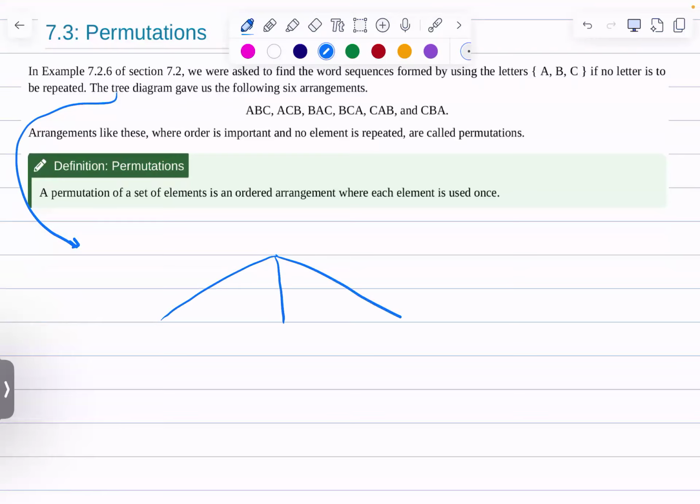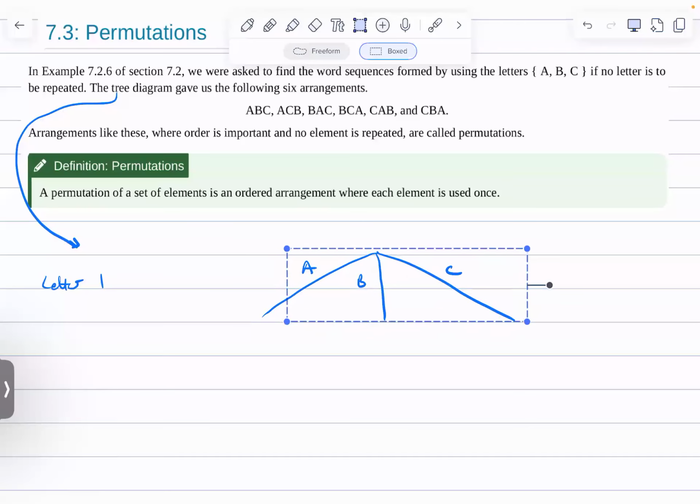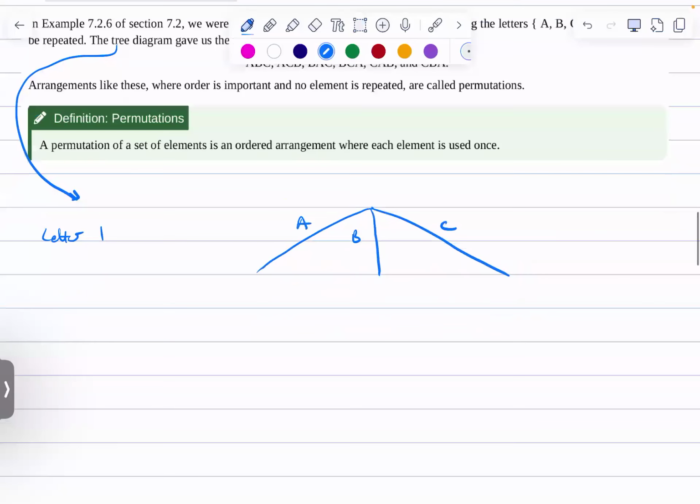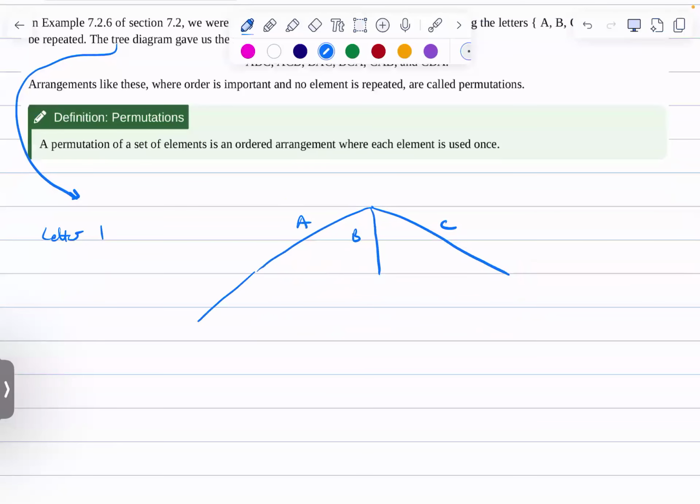For your first letter, letter 1, you have 3 options, A, B, or C. If your first letter was A, then you only have 2 letters left that you could choose from.